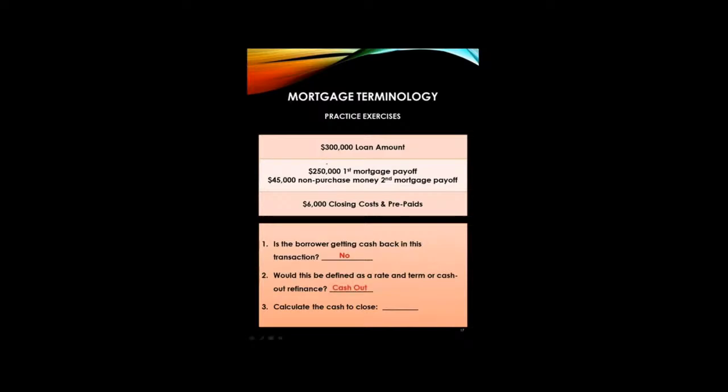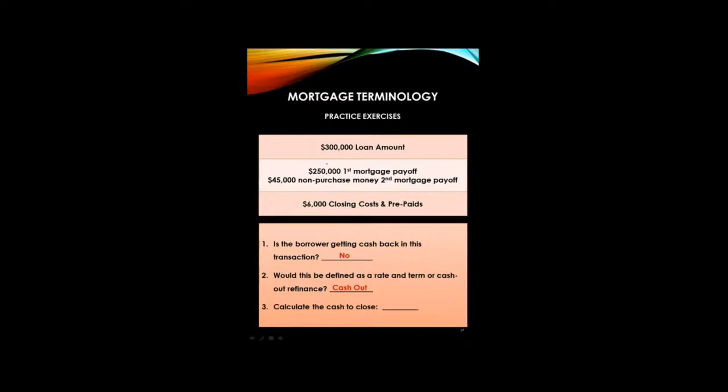Would this be defined as what type, rate and term or cash out? It's a cash out refi because the second mortgage is not a mortgage that was taken out for the purchase of the property. That mortgage was taken out for maybe consolidating credit cards or any type of home improvements. So that's not considered a purchase money loan, and that would be considered cash out.